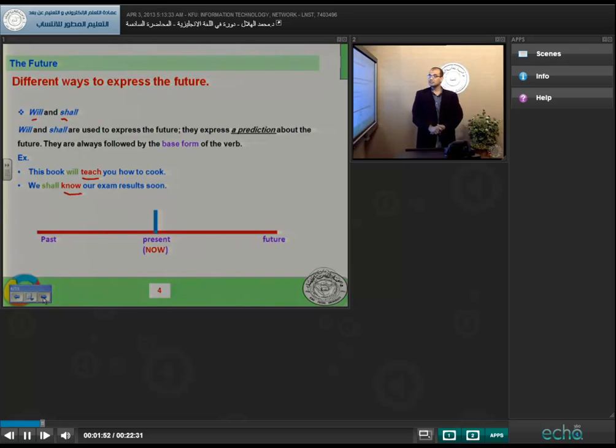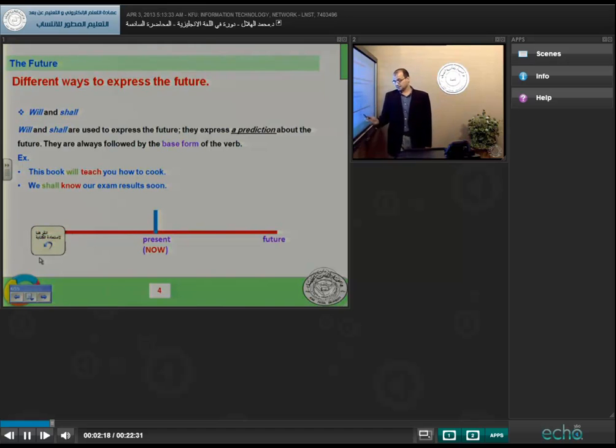This book will teach you about how to cook. It is a prediction that this book is going to teach you how to cook, and we shall know our exam result soon. Again, so we predict to know our exam result soon. The point that we understand is this is the time scale where we can indicate where the action happened.